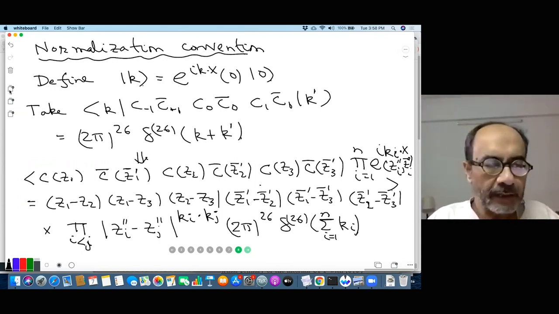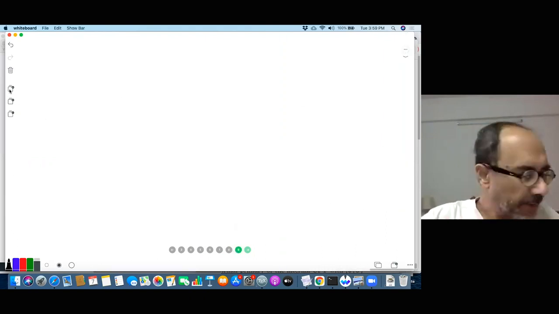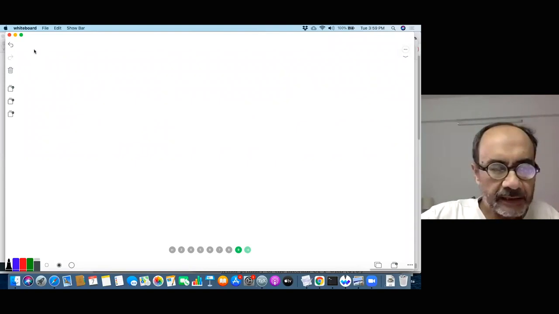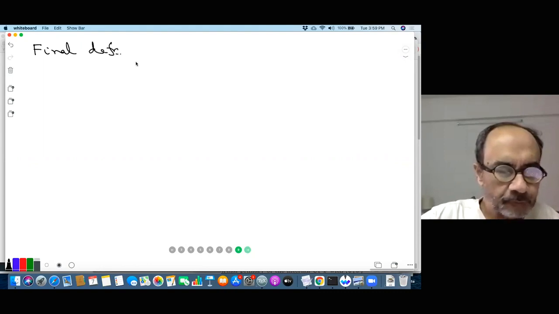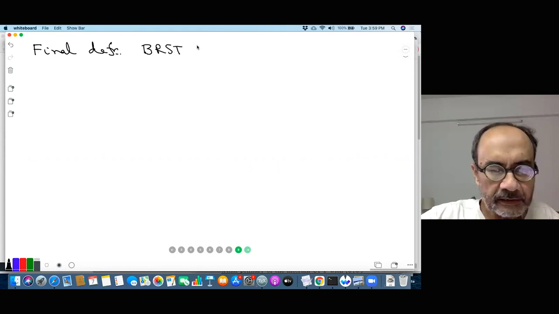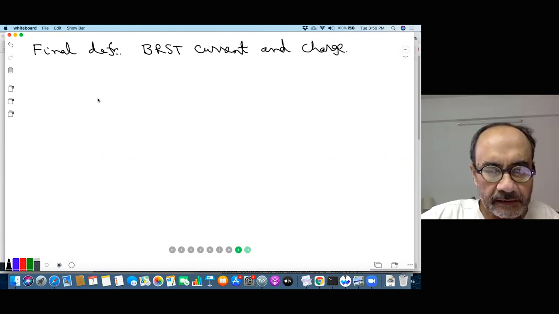Now before I proceed, I have to give one final definition, at least final definition for now, and that is the BRST current and BRST charge. So the holomorphic part of the BRST current, j_B of z, is defined as c times T^x.